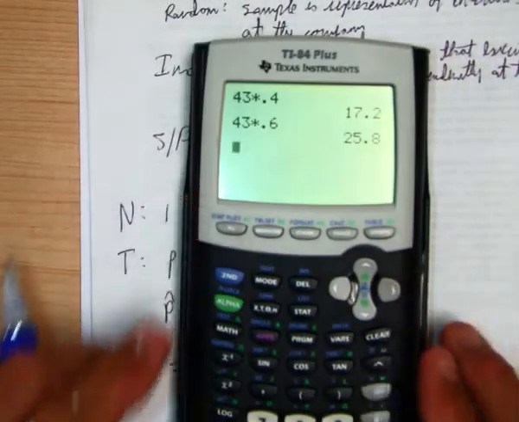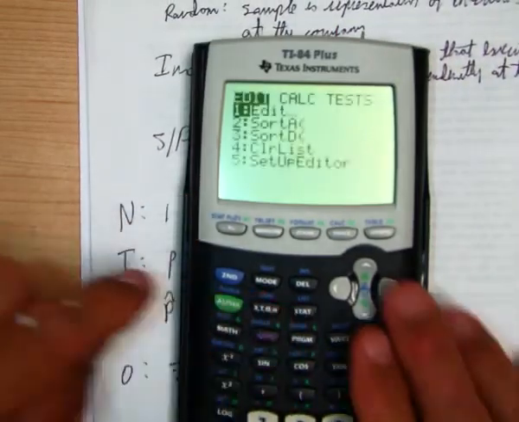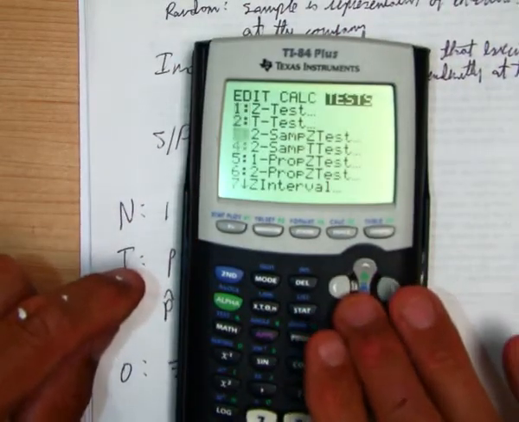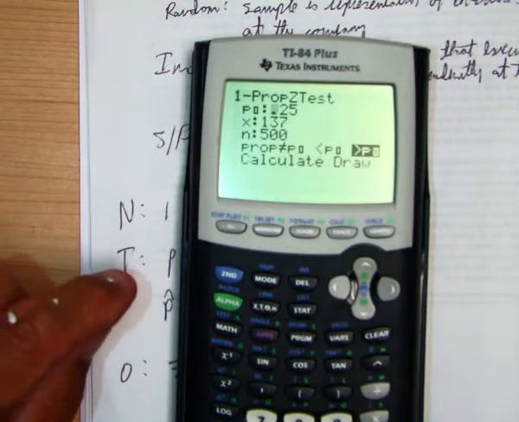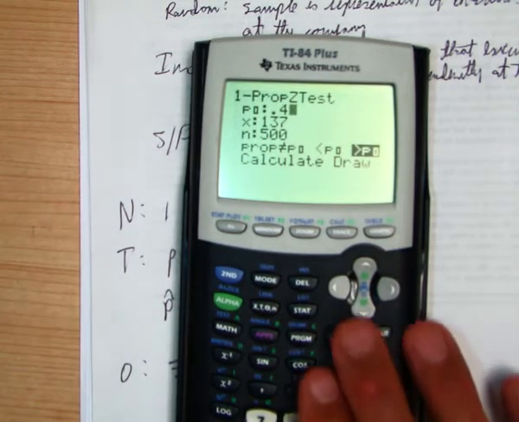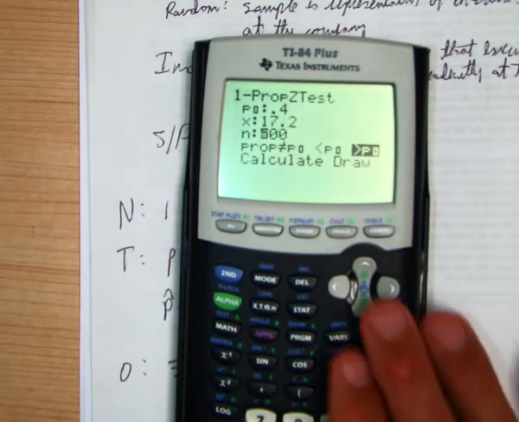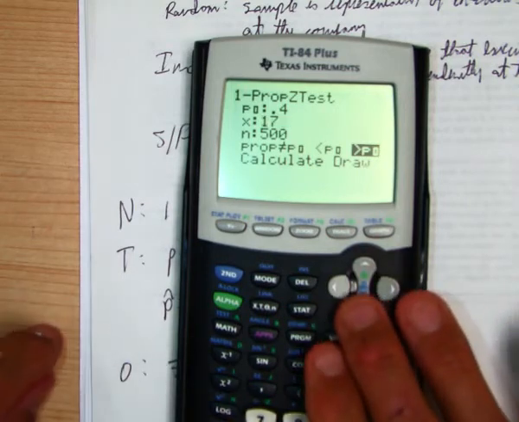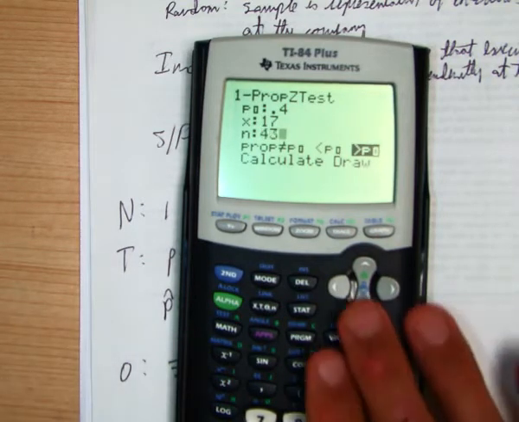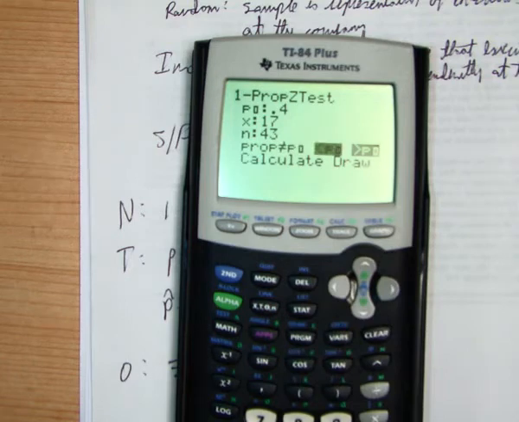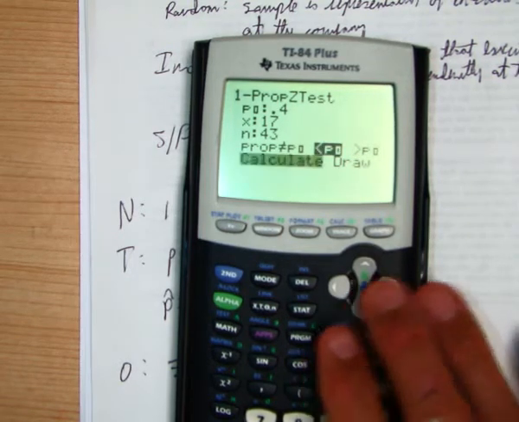Go to our trusty calculator. Stat test, one prop Z test. P sub 0 is 0.4. X is going to be 0.4 times 43, which is going to be 17. It has to be a whole number out of 43. We're testing less than, so we're going to do that.